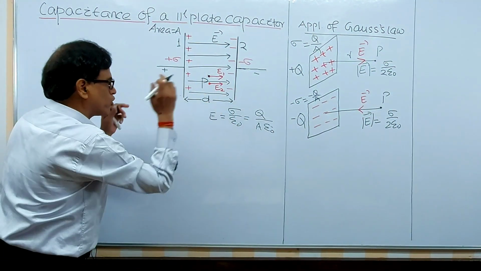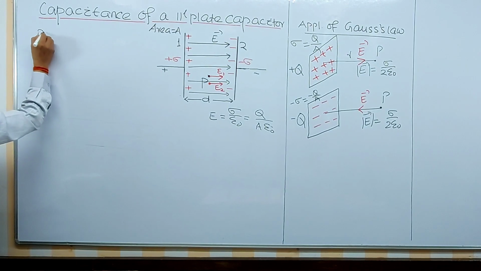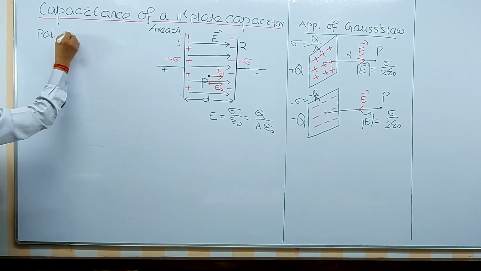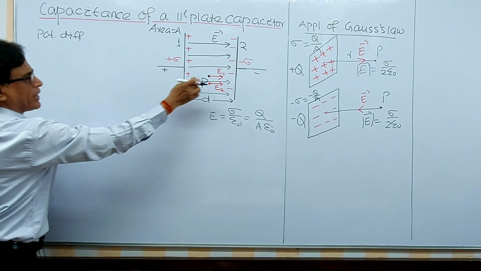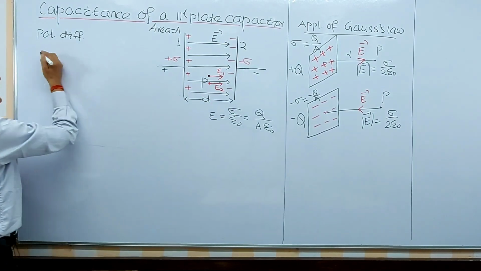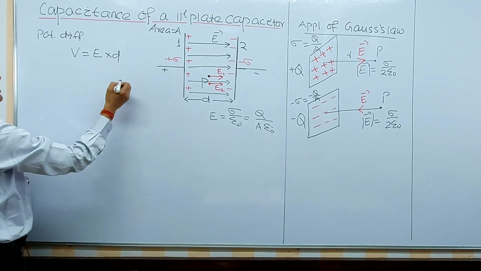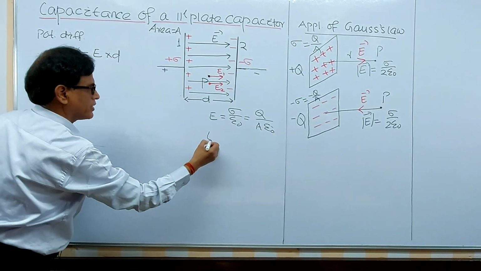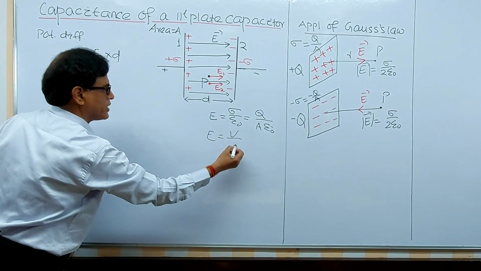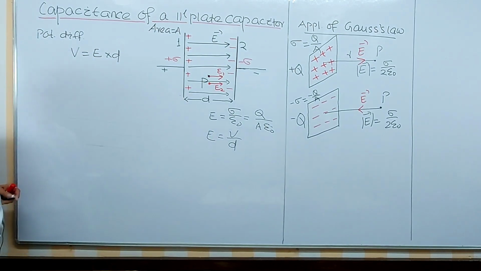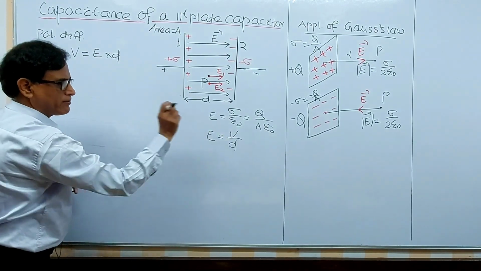That's why the potential difference between the plates, V equals E into D. You can apply the formula E equals V upon D. Electric field is potential by distance.